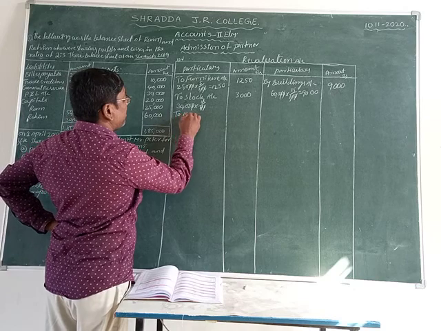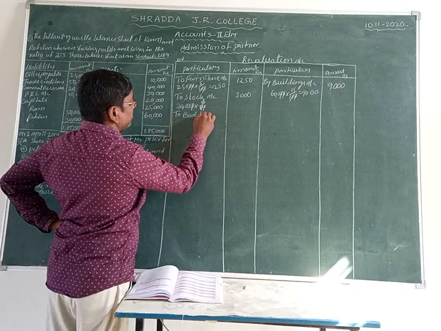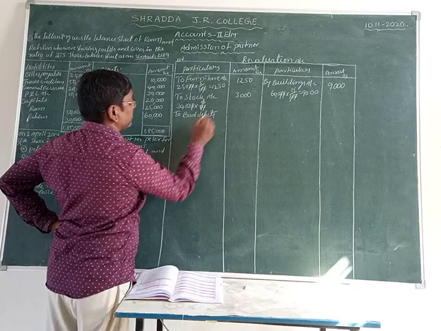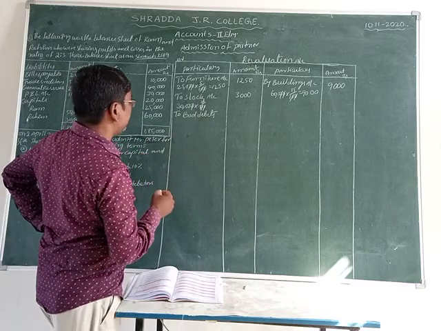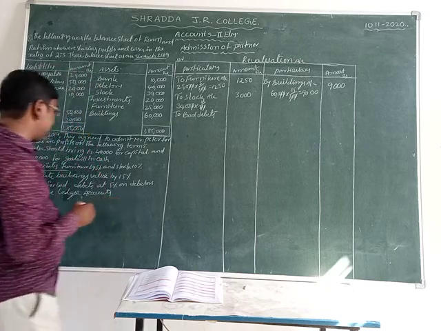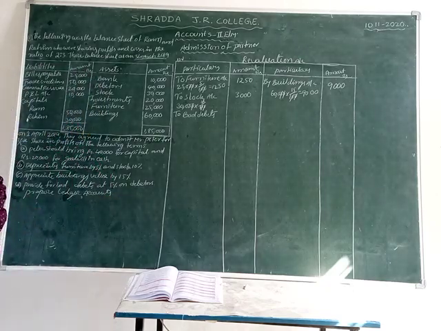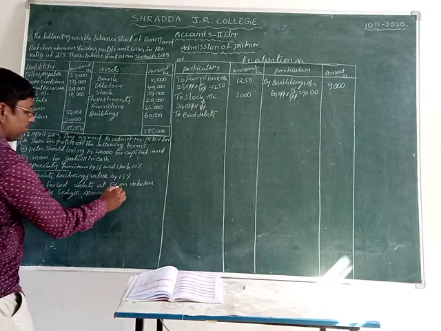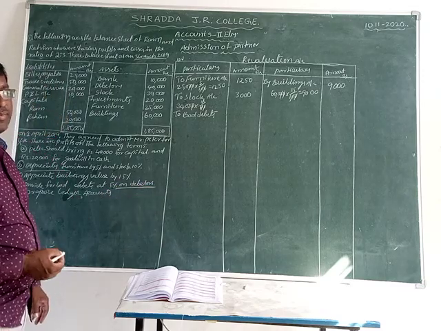What can we write here? Bad debts. So what is the debtors value? 40,000. We calculate bad debts on debtors. It is clearly mentioned: bad debts on debtors are given.